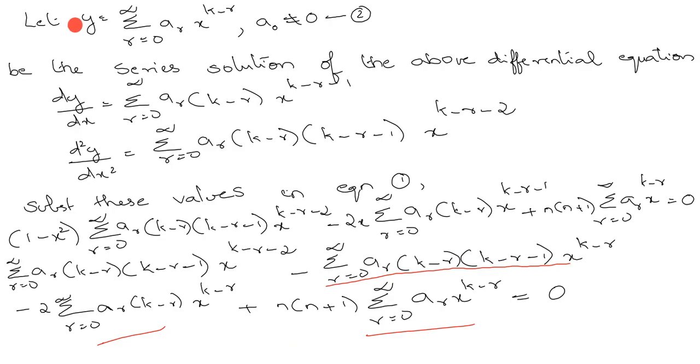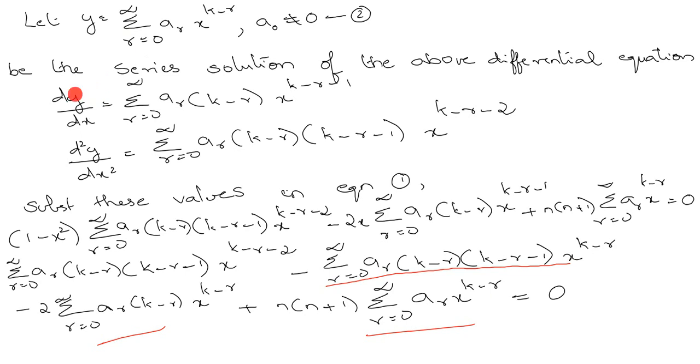Now let us assume that y is equal to sigma r is equal to 0 to infinity ar x raised to k minus r, where a0 not equal to 0, be the series solution of Legendre's differential equation. So we need to find out dy by dx and d square y by dx square in order to substitute in Legendre's differential equation.